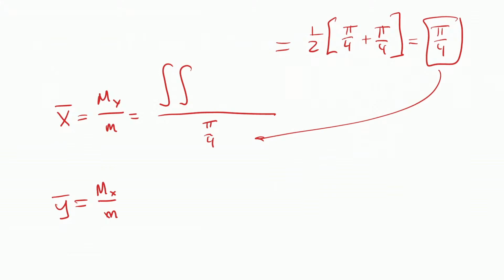But the double integral will be a double integral of x times the density, so dy dx. So you're going to throw an extra x in there when you're doing the average x value, throw an extra y in there when you do the average y value.